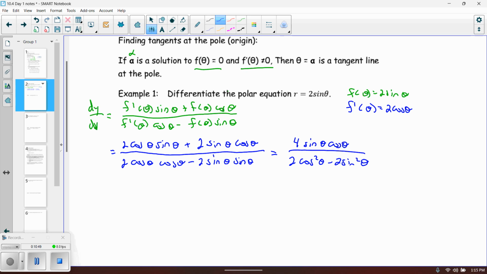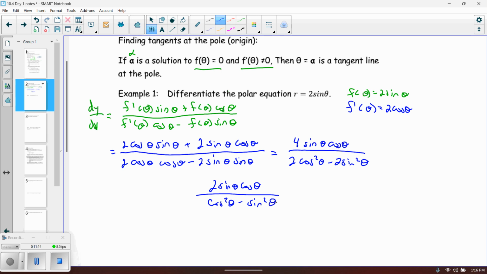So it looks like I can divide a 2 out of every term. So now we're going to get 2 sine of theta cosine of theta on the top. Dividing a 2 out of each of the terms on the bottom, we get cosine squared of theta minus sine squared of theta. All right, so this is where our trig identities are going to come into play.